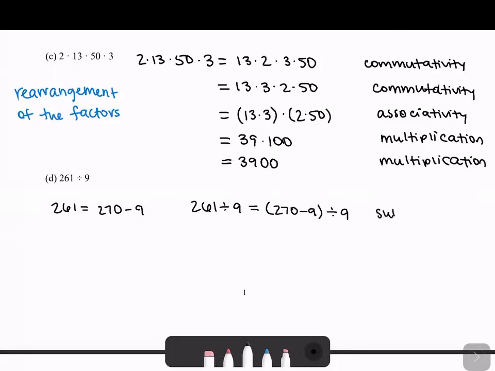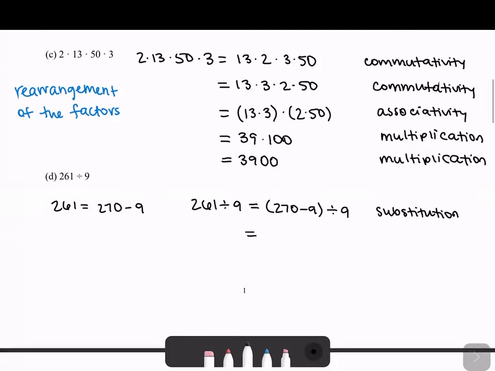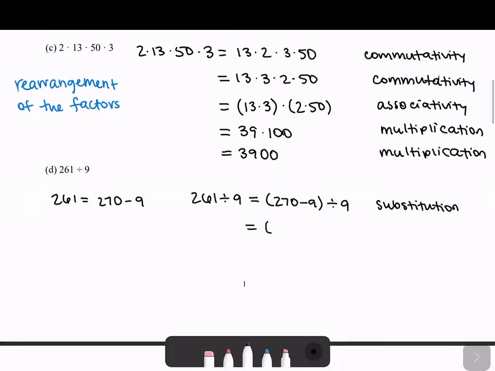This was just using substitution, where we substituted 261 with 270 minus 9. Then we can use our distribution property. So this is equal to 270 divided by 9 minus 9 divided by 9. And this is using the distributive property.